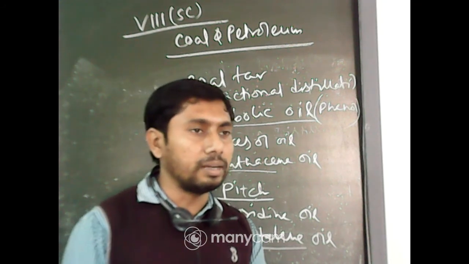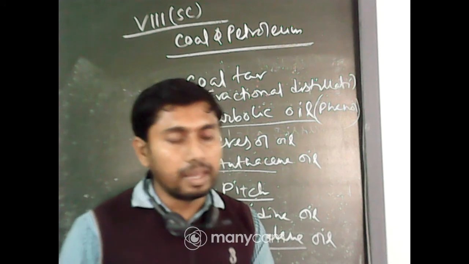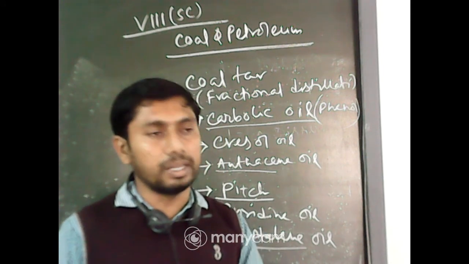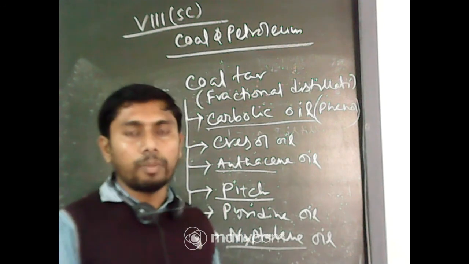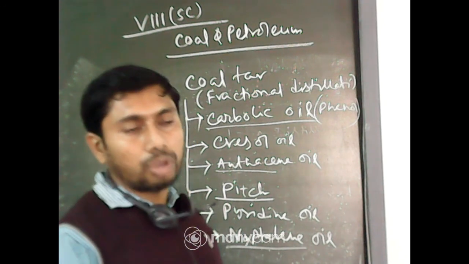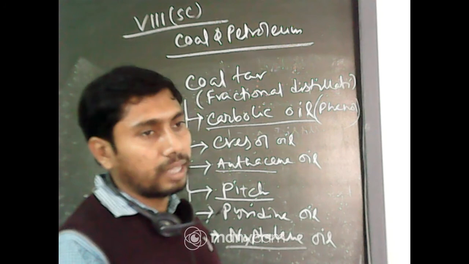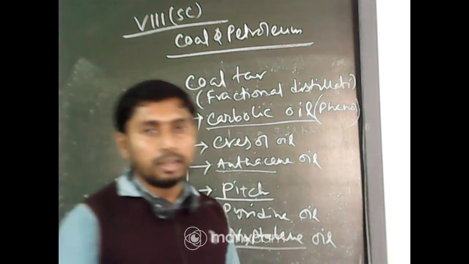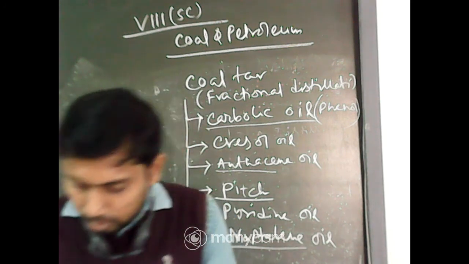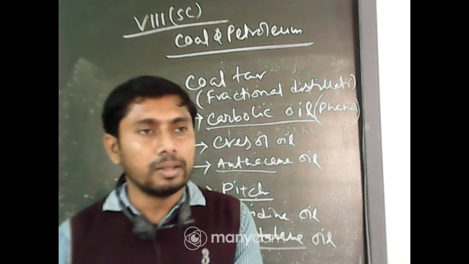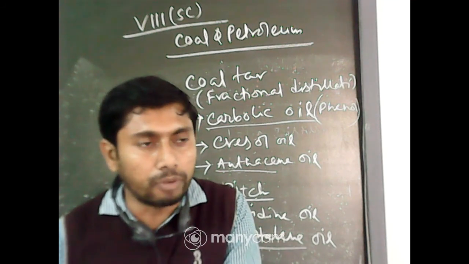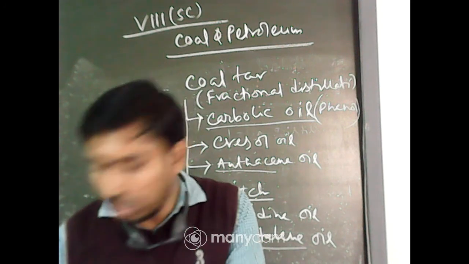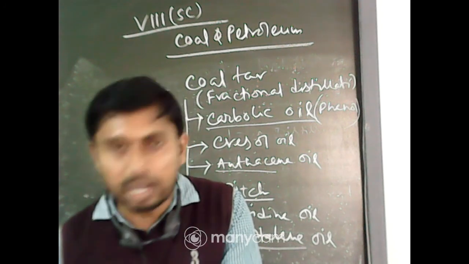But here, in respect of coal and petroleum, the dead remains are totally dissolved or totally merged in that area or that layer. It is called fossil. So fossil fuels, we got the fuel from the storing rocks. These rocks are also called reservoir rock.